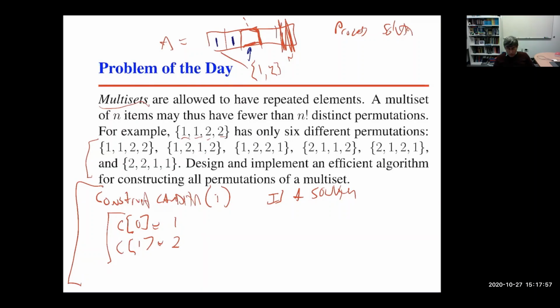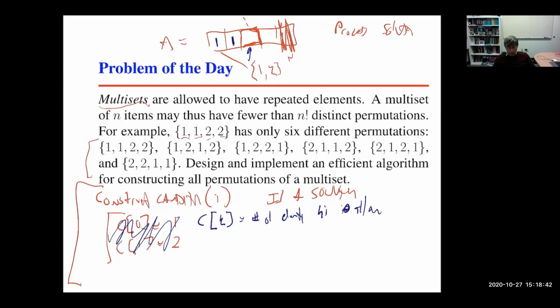So what is the idea here? Basically, what you're proposing is that my construct candidates should not always be 1 or 2. What I should do is set up a counts vector. I'm going to say C sub k is equal to the number of element k's allowed.